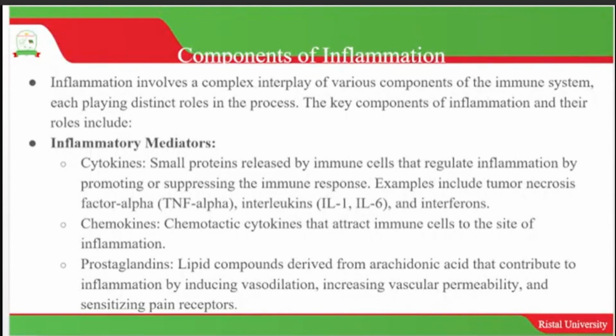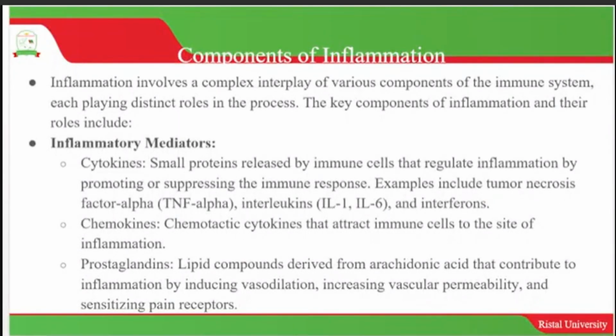Then we have, under inflammatory mediators, another mediator known as prostaglandins. Prostaglandins are lipid compounds derived from arachidonic acid that contribute to inflammation by inducing vasodilation, which increases vascular permeability, and sensitizing pain receptors.